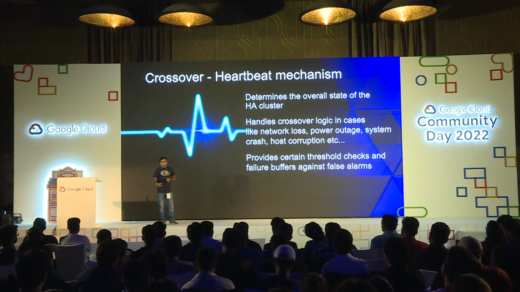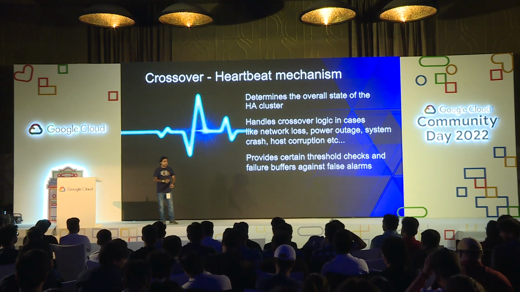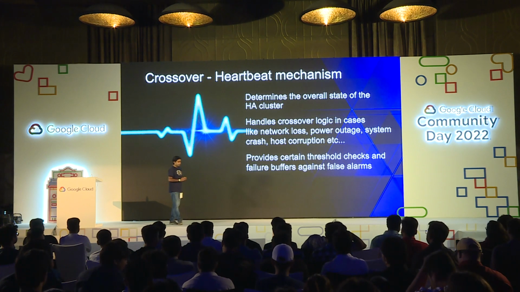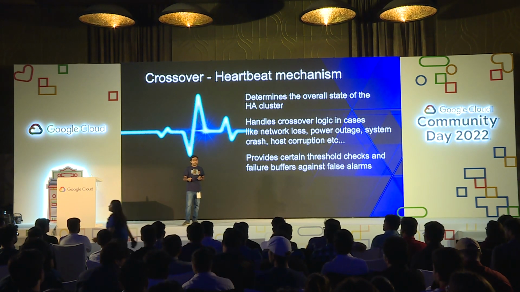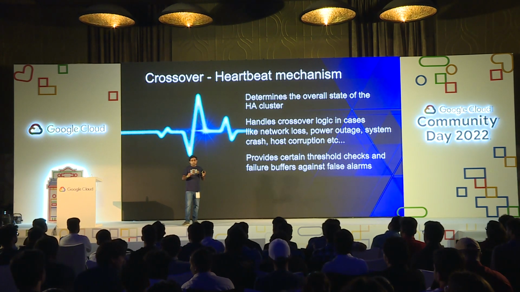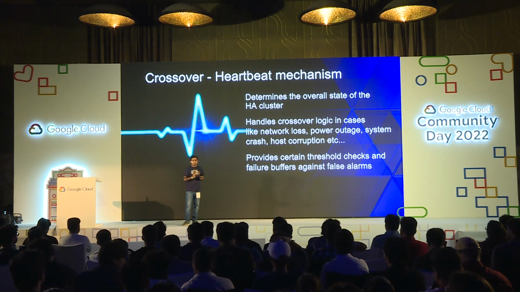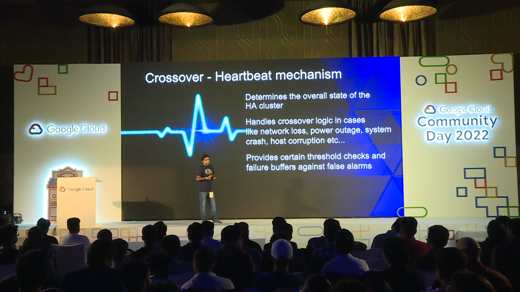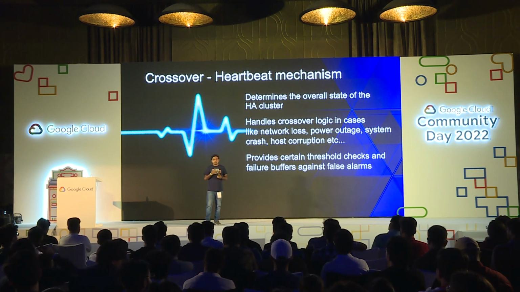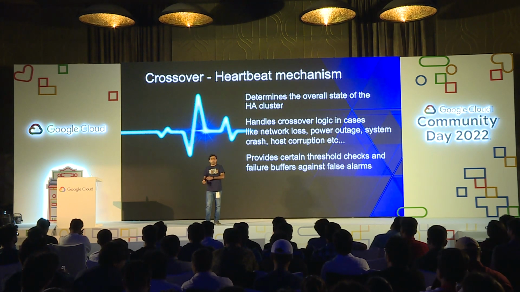And there are certain threshold mechanisms, a failure buffer. This is important because you do not want a failover to happen immediately. For example, there are two systems which are in an HA pair. There is a momentary loss of network. Should you fail over immediately? Well, it depends on your configuration. How much loss of network can I afford before I reliably switch over?